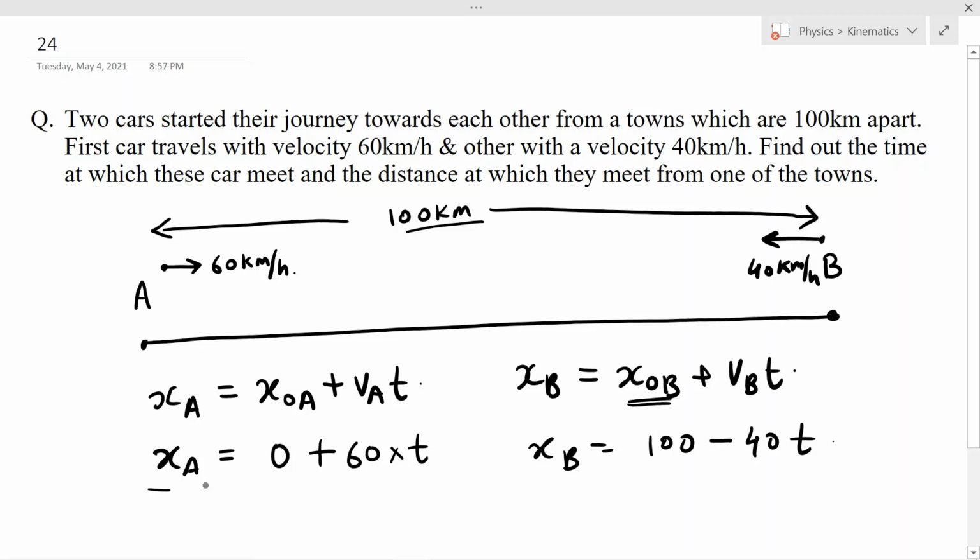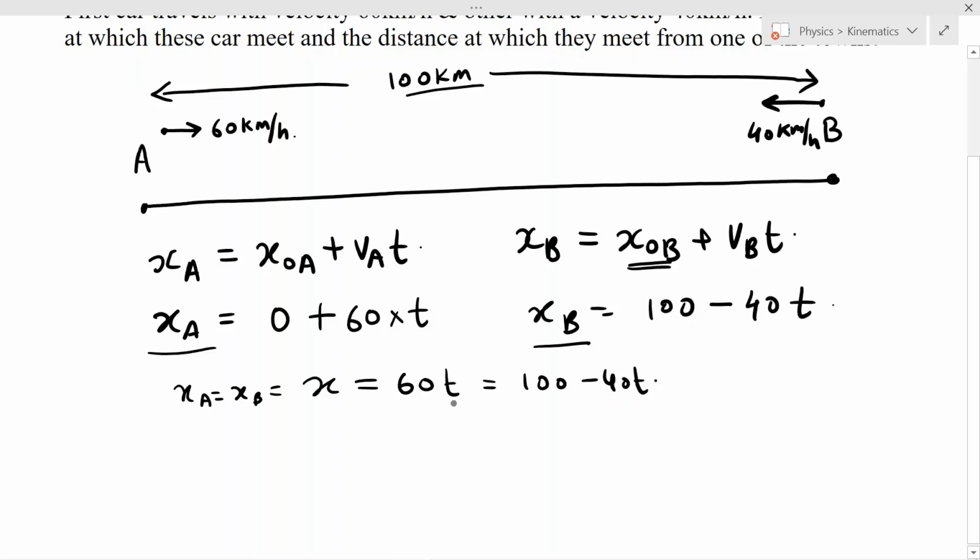Now xa must be equal to xb to calculate the meeting position. So 60t is equal to 100 minus 40t. So this goes over here, 100t is equal to 100. So t is equal to 1 hour.